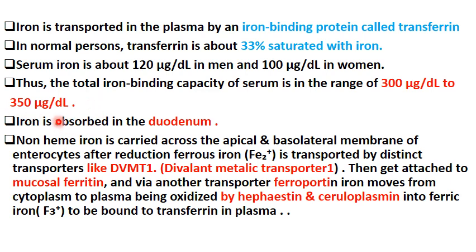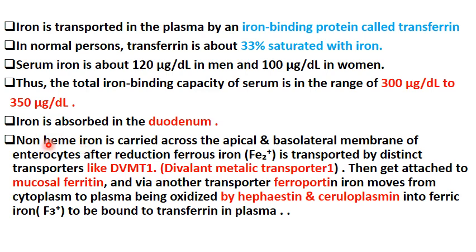Normally, the iron is absorbed in the duodenum of the small intestine. Now we are coming to the mechanism of the absorption of the iron.